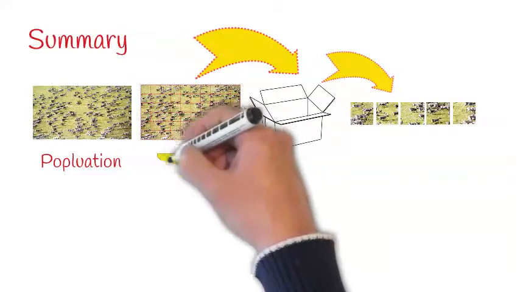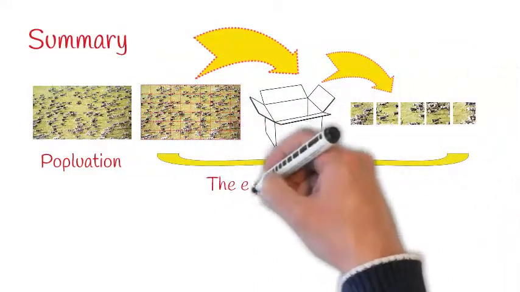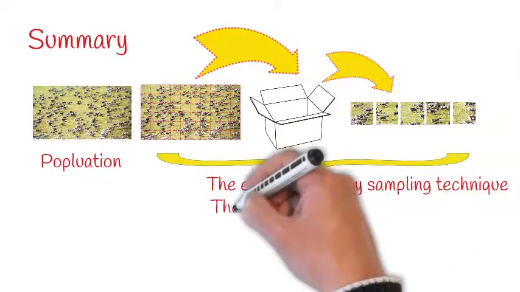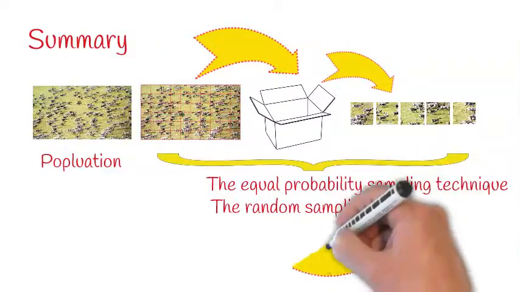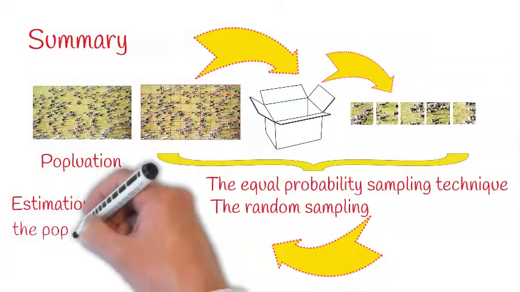From dividing the sections to the selection, we call this an equal probability sampling technique. Simply, we can say random sampling. After sampling, we can estimate the total number of the population.